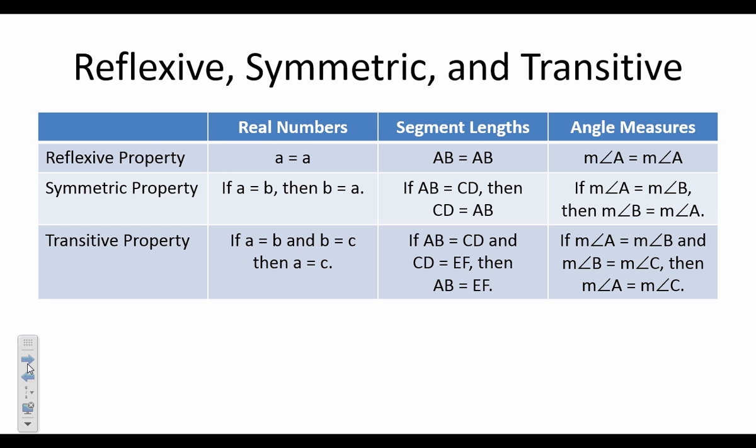If A equals B and B equals C, then A has to be equal to C. Segment lengthwise, if AB, the distance between A and B, is equal to the distance between C and D, and the distance between C and D is equal to the distance between E and F, what do you have to conclude?